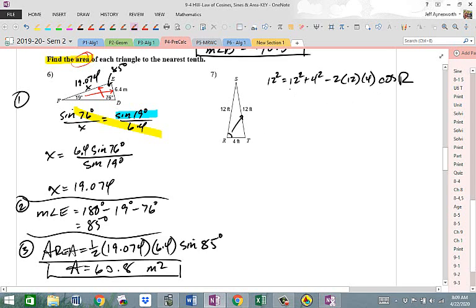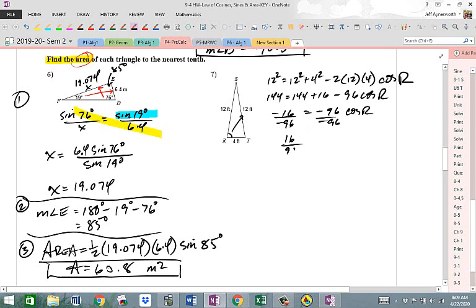Let's just square the numbers, because we can do this in our head. So 144 equals 144 plus 16 minus, that's 48 times 2 is 96, so 96 times cosine of R. Subtract the 144 and then subtract the 16, you get negative 16 is equal to negative 96 times the cosine of angle R. Divide by negative 96, and you get 16/96.